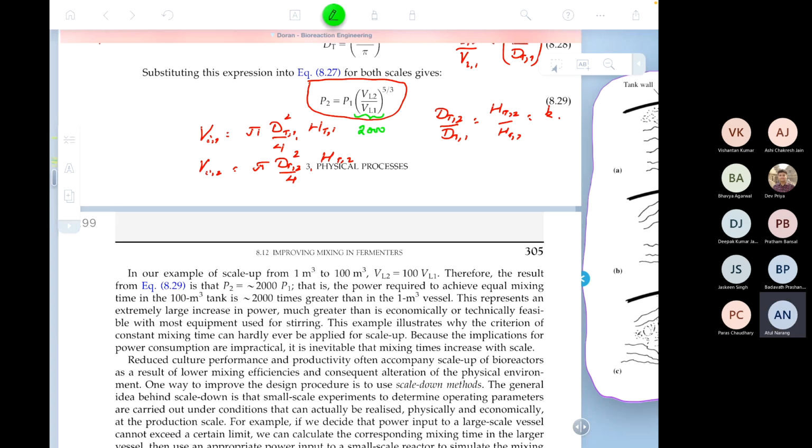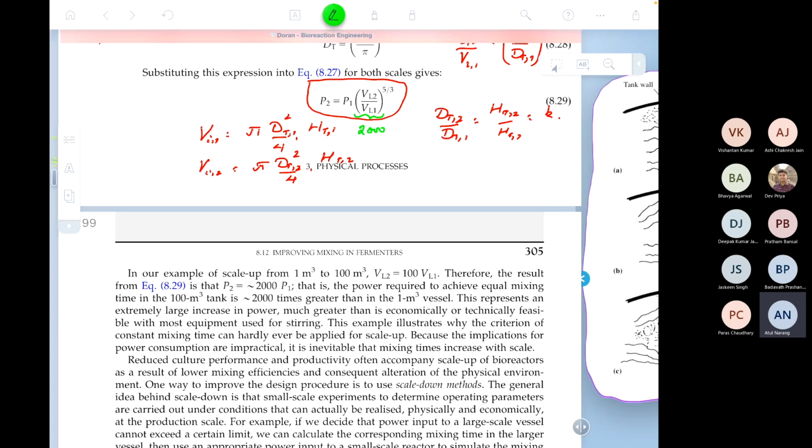To give you a rough estimate, in the lab scale, you draw a power of about 1 kilowatt. And if you scale up the process 100-fold, you can pull power up to 150, 200. But such massive power cannot be drawn, so you will never be able to get the same mixing time. Any attempt to get the same mixing time at large scale will fail. So you basically simply give up.